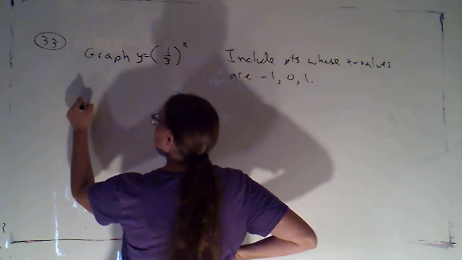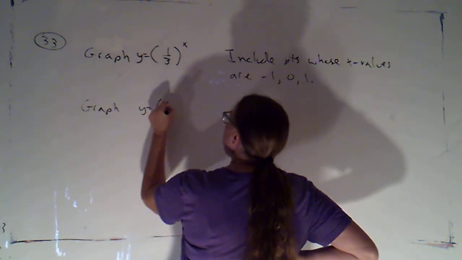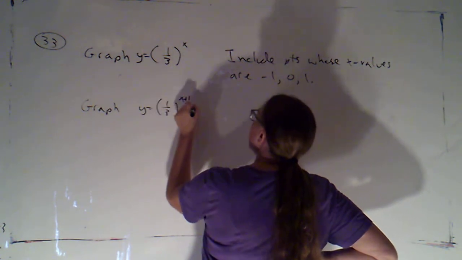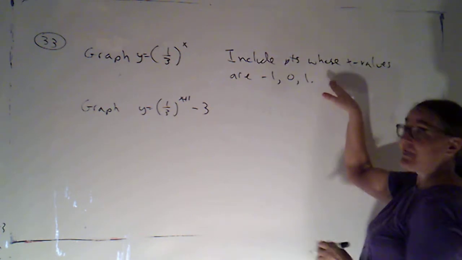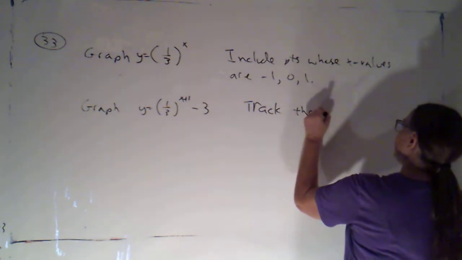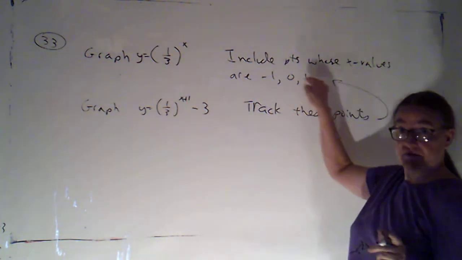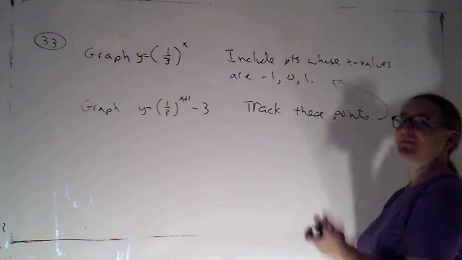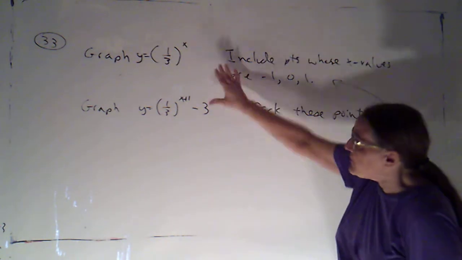And then you're going to be graphing y equals 1/3 to the x plus 1 minus 3. And I will want you to track those points. So if there are horizontal transformations, your x values will change, but I want to see what they change to. Okay. So that's your basic graphing.